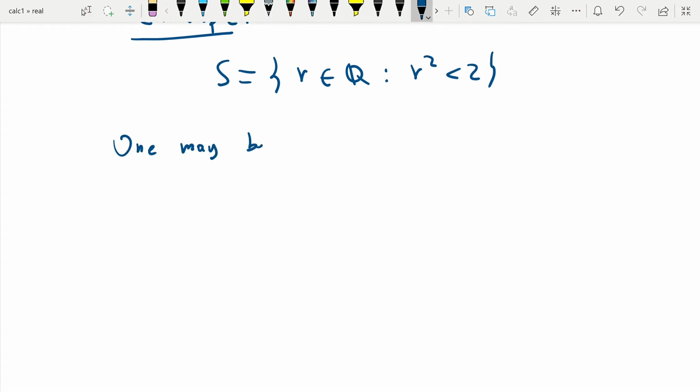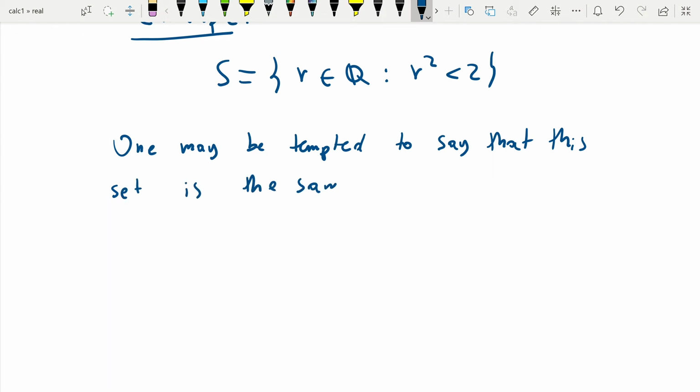One may be tempted to say that this set is the same as the set of r in Q such that r is less than the square root of 2.